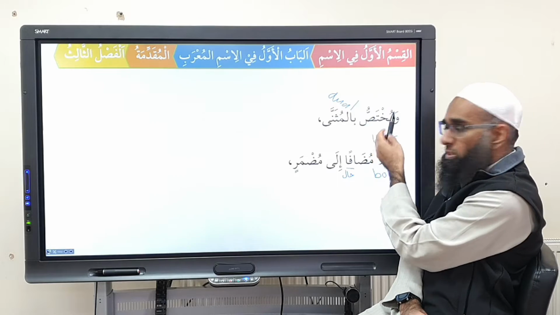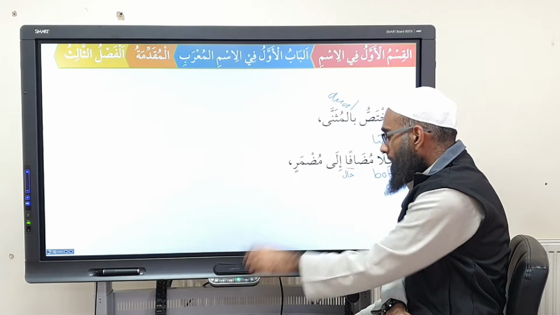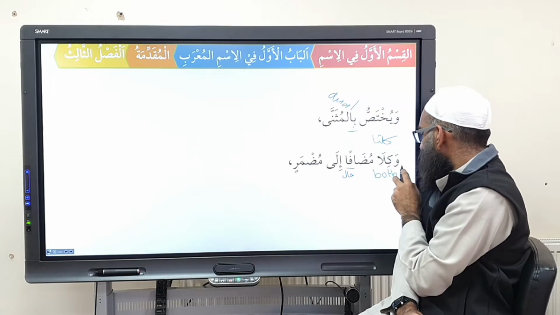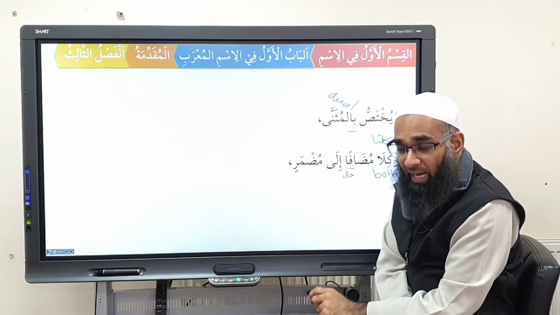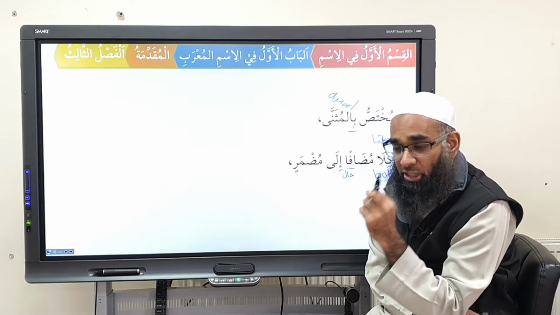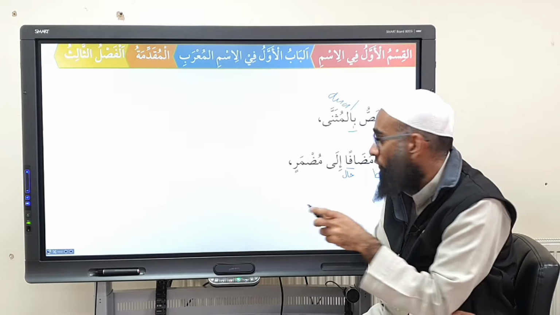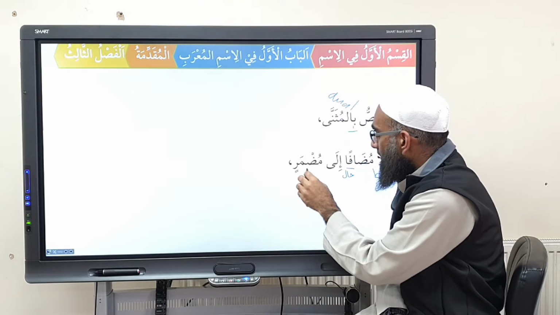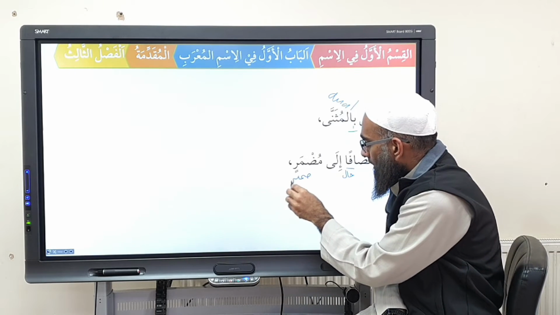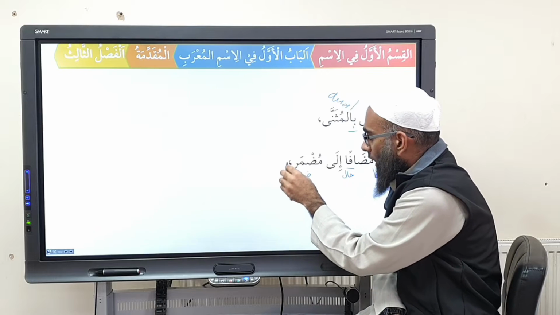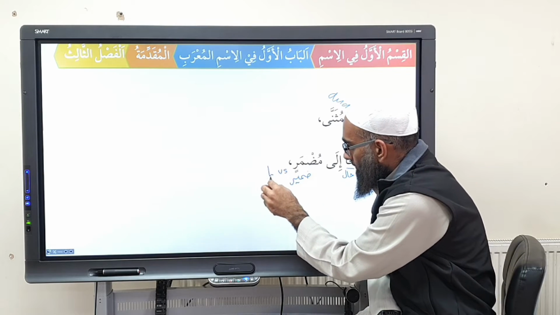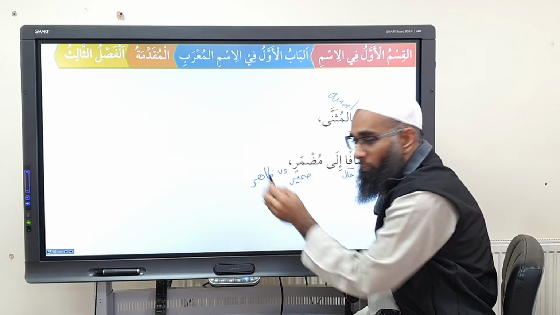So this i'rab is specific to muthanna, number one. And it's also specific to kila, mudafan, in the state that it is mudaf to a mudmar. What is mudmar? The same as dhamir, pronoun. And the opposite of zamir is what? A zahir, a normal noun.